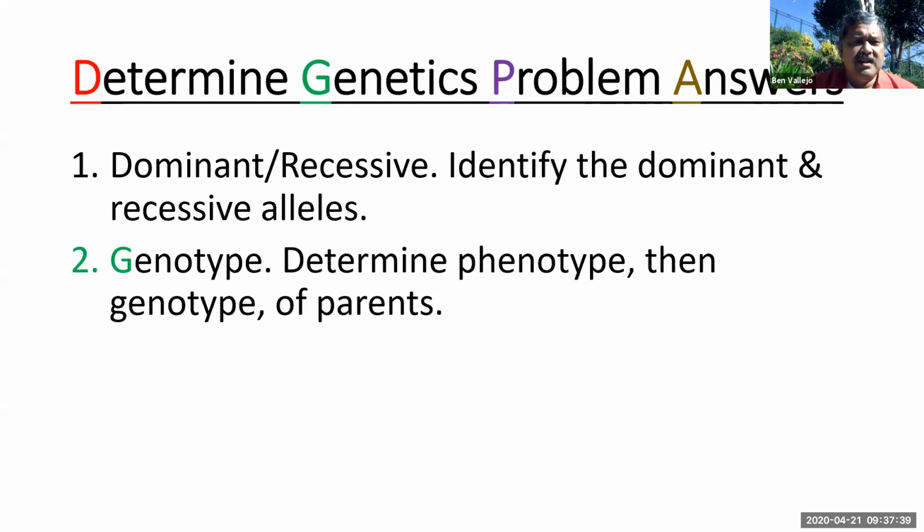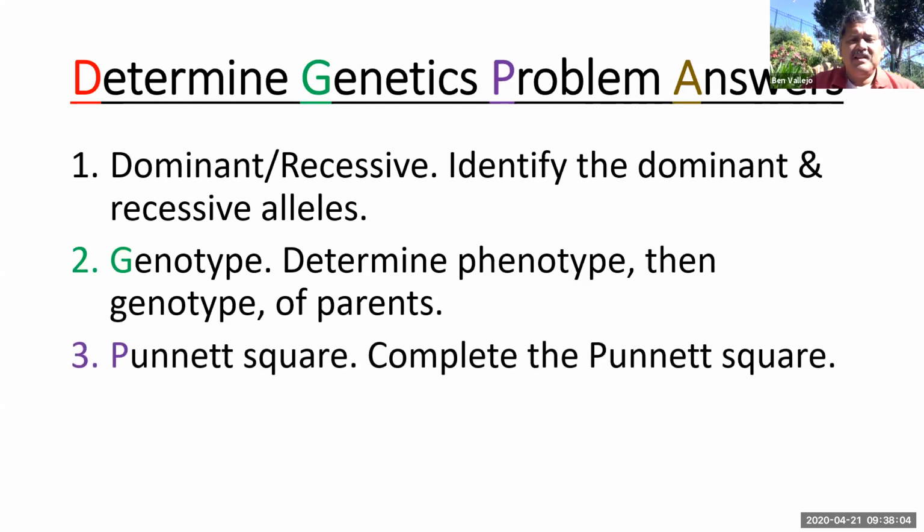Those can be dominant, as in big A, or they can be recessive, as in little a, or you can have a heterozygous genotype, or a hybrid or a carrier, which is big A, little a. All right, so we determine genetics problem answers by figuring out what's dominant and what's recessive, figuring out the genotype. The P reminds me to do a Punnett square, complete the Punnett square, and we'll do plenty of those today.